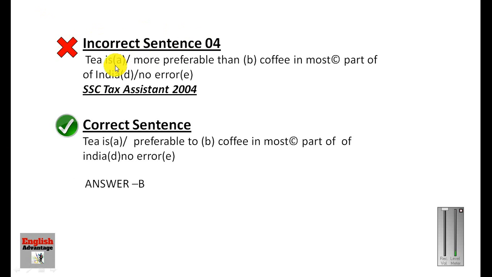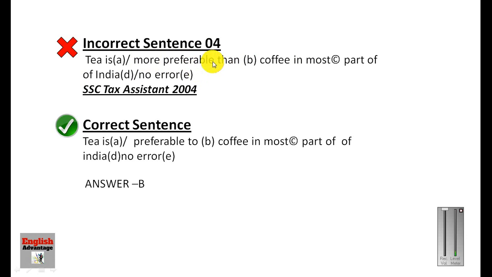Incorrect sentence number 4. Tea is more preferable than coffee in most part of India. Now let us see each and every part one by one. Tea is, this is correct. More preferable than. Now this is the problematic part, because preferable is itself a comparative degree. So that is why it is not preceded by more, and it is also not followed by than, it is followed by to.